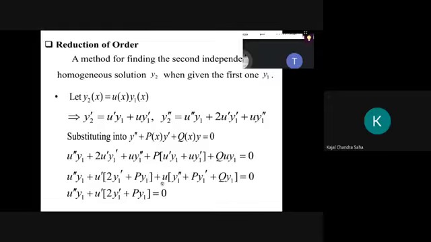Please check where this term goes, how it vanished. Since y1 is a solution of equation 2, it must satisfy the differential equation, so its right hand side value is equal to 0.